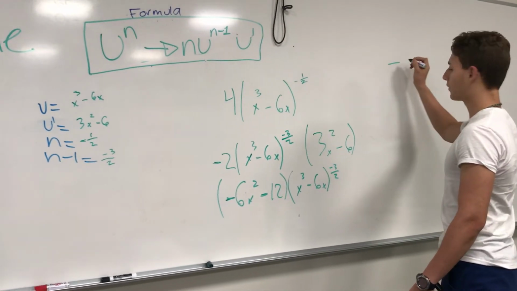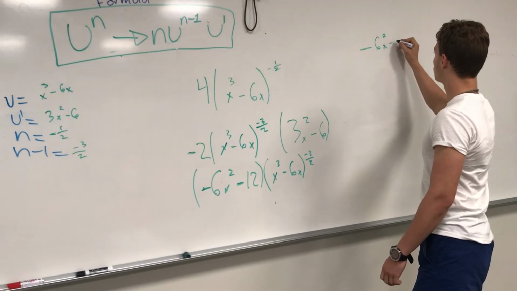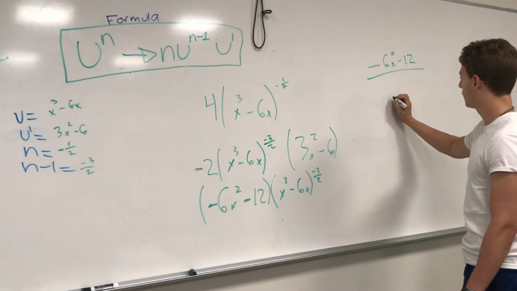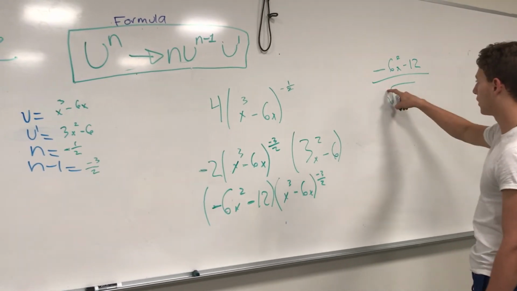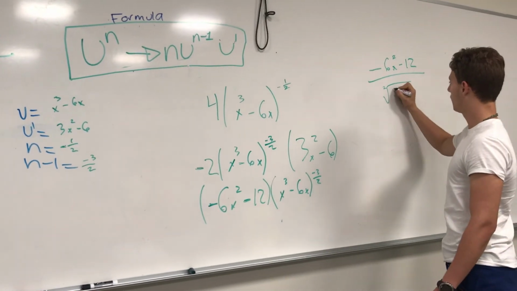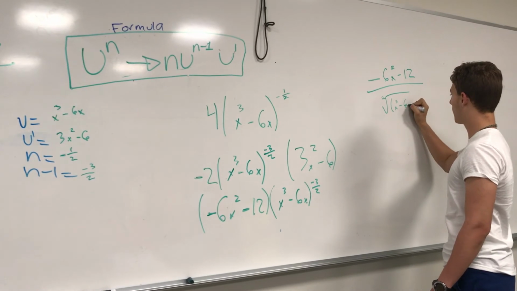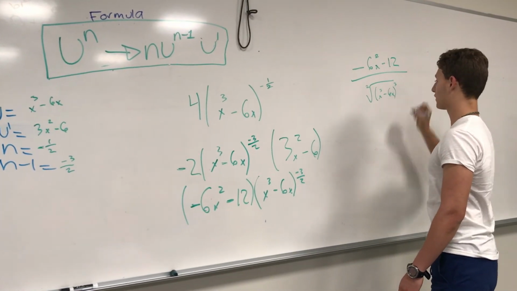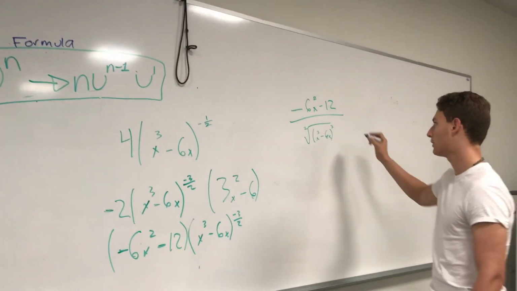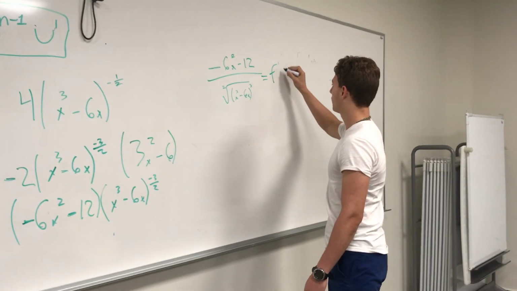So we'll just convert it to minus 6x squared minus 12 divided by the square root of x cubed minus 6x cubed. And this will be our final answer, and this will be equal to f prime of x.